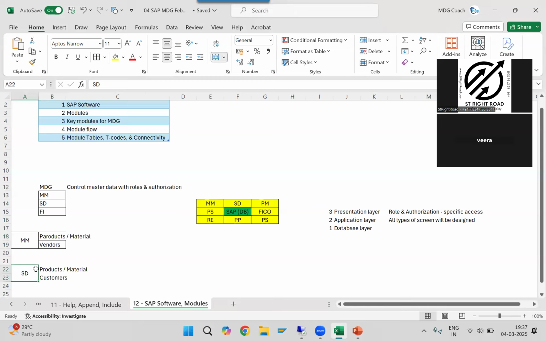If you want to purchase a mobile, you are a customer, you are going to purchase a product, right? Similarly, whenever you are purchasing something, you should be a customer, or if you are selling something, you will be a vendor. So these two cases will be here. Now, finance. Whatever you are going to do, everything is interlinked with the finance module. Okay, finance module.